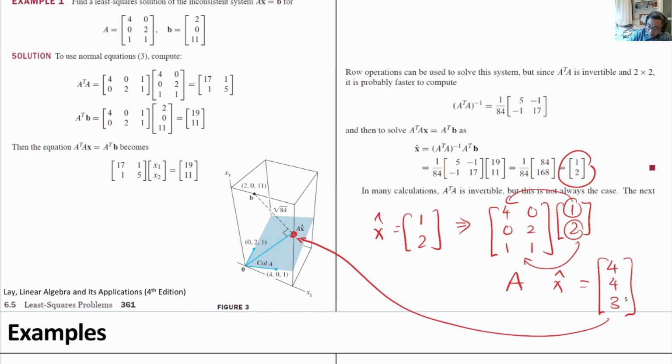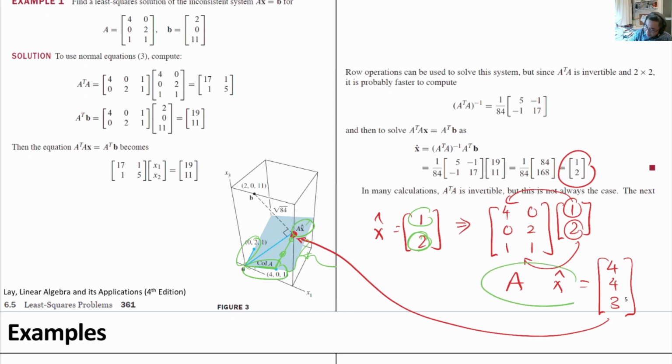Now, if we use this x hat, by multiplying 1 by the first column, we have reached this point, and 2 multiplying the second column, we are basically asking to go 2 along the second column, and we will reach A x hat as well using this interpretation.